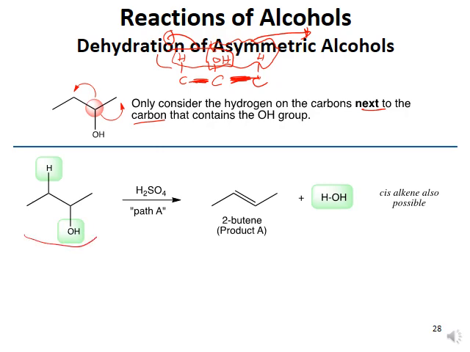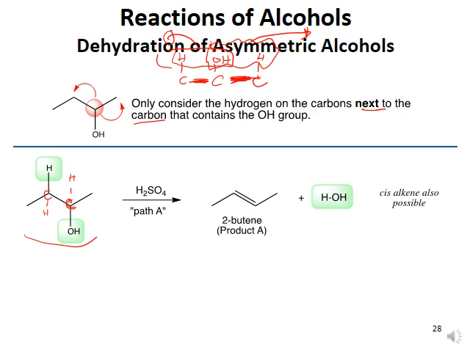There's two different possibilities, right? Remember, this carbon also has an H attached, and so does this. So we could take the OH from this carbon and the H from this carbon, at which point the double bond is in between, and there's where the water is left.